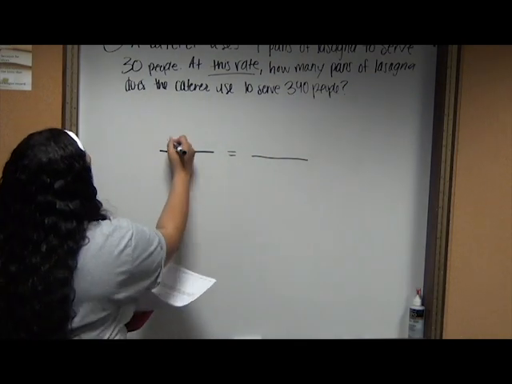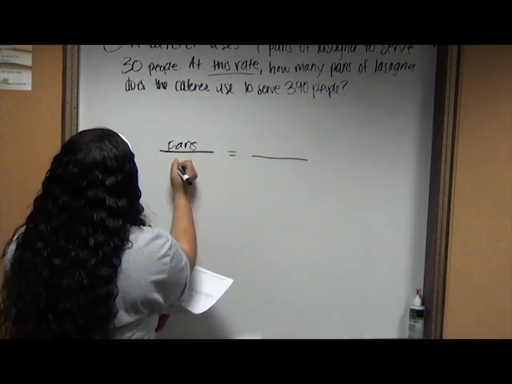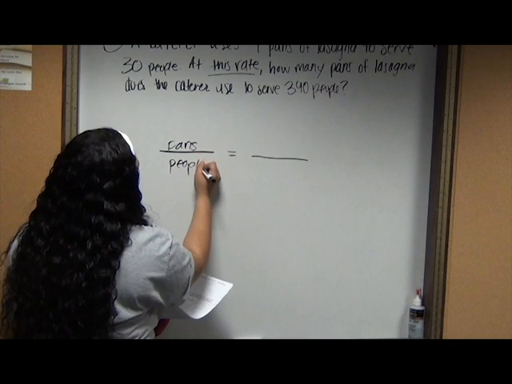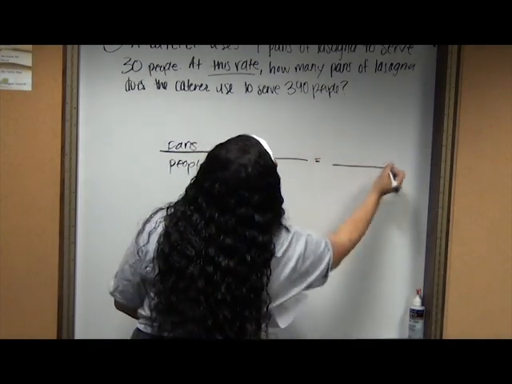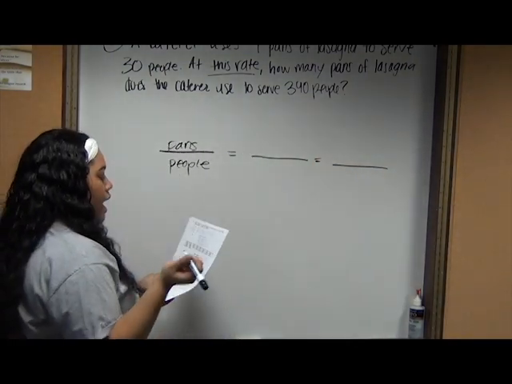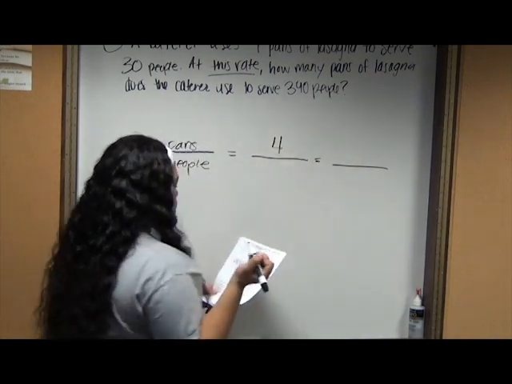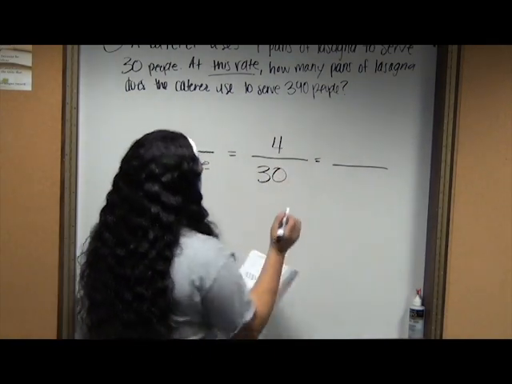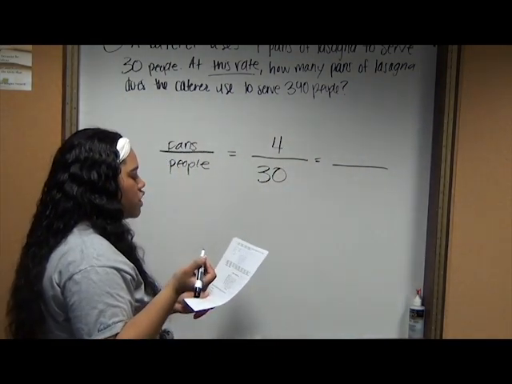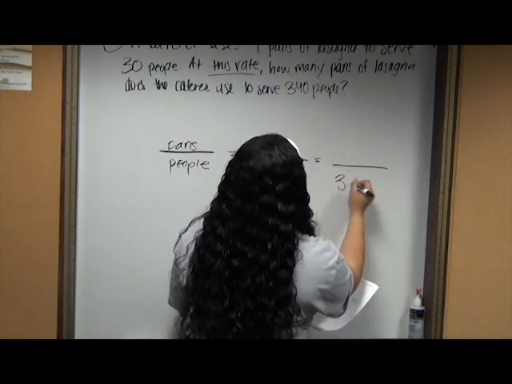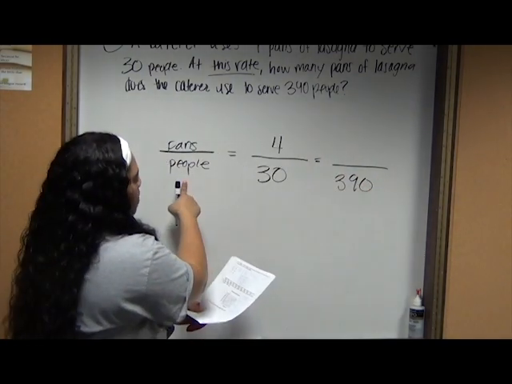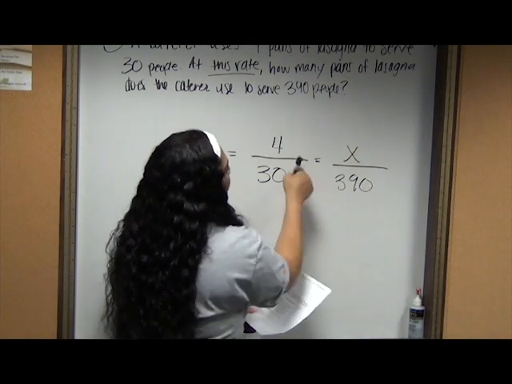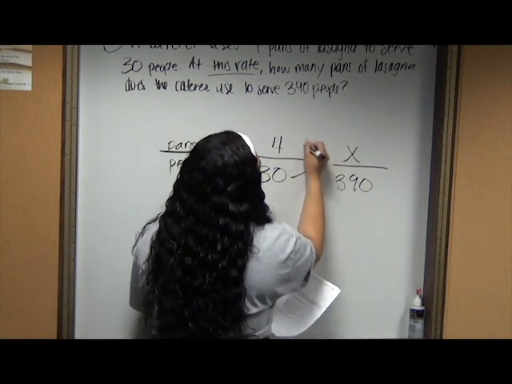So let's do pans over people. So we'll draw another one of these right here. So the amount of pans she uses is 4 to serve 30 people. So how many pans would she need to serve 390 people, since people are always on the bottom? So to get this number, x, what you would do is cross multiply.